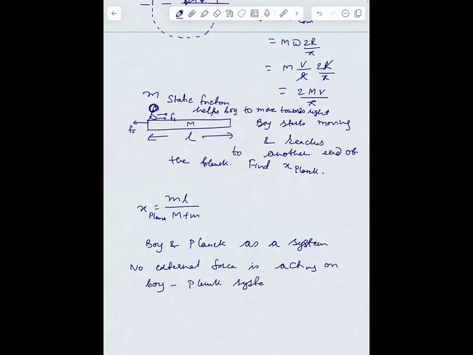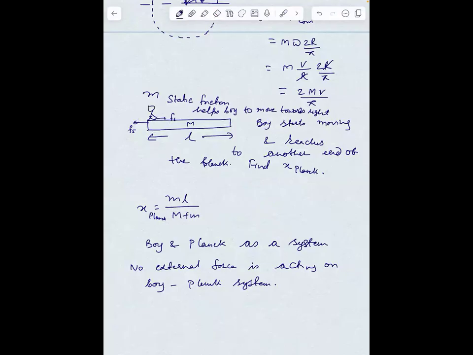So when no external force is acting on the system, we can conserve the momentum. One thing you have to keep in mind: earlier, when the boy is the system, friction force is acting rightward, so because of this friction you cannot conserve the momentum of the boy along the x direction. Because of this friction, you cannot conserve the momentum of the plank along the negative x direction. But when you are taking the whole as a system, we can conserve the momentum in the horizontal direction because no force is acting in the horizontal direction.